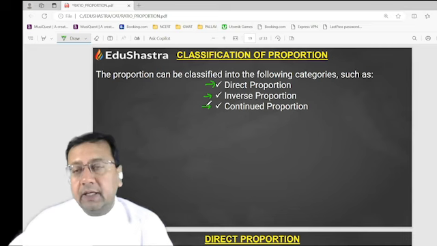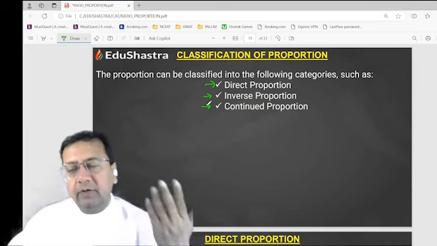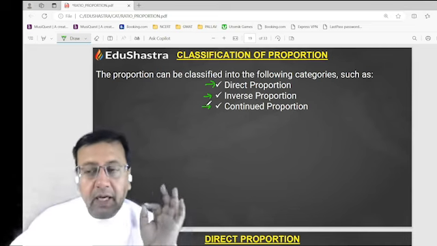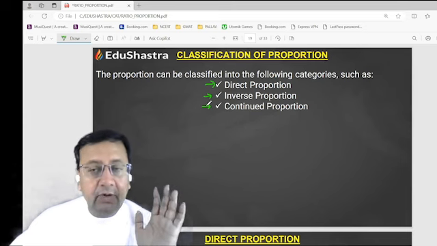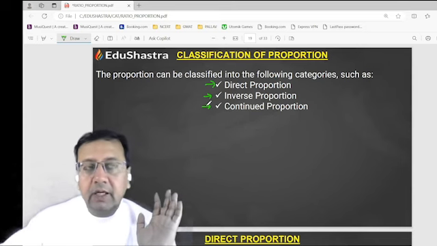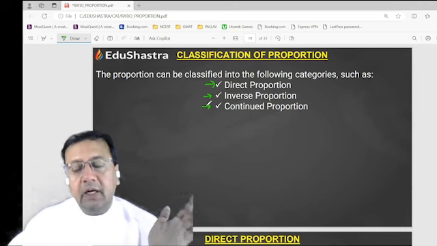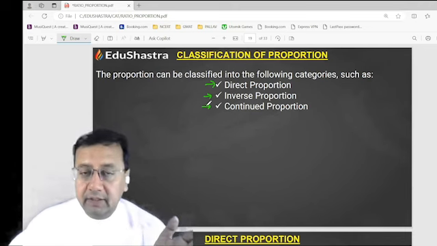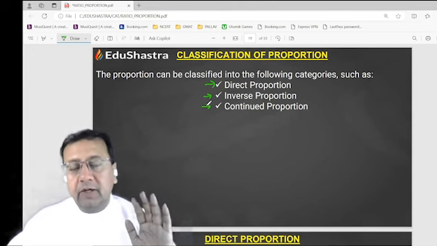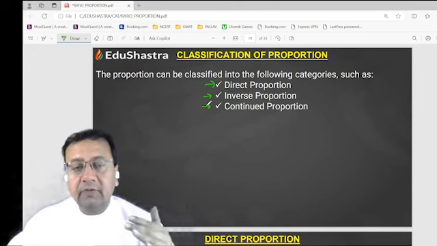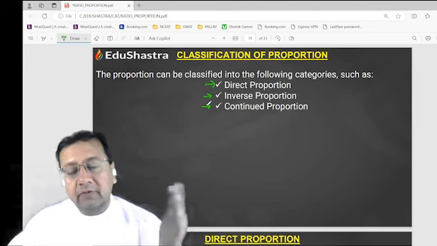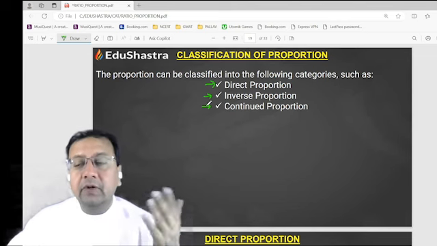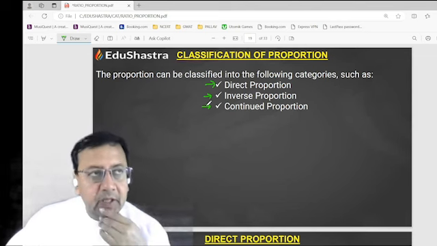Direct proportion: when one variable changes, see, I am using the term change, not increase or decrease, the other will also change in the same manner. If one variable is increasing, the other will also increase. If one variable is decreasing, the other will also decrease.